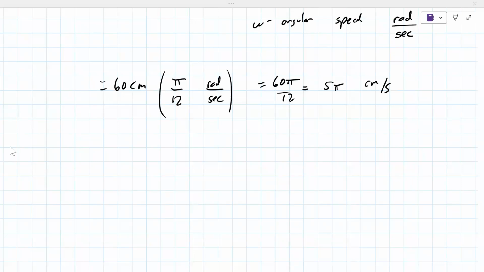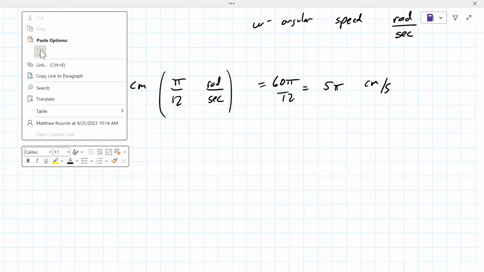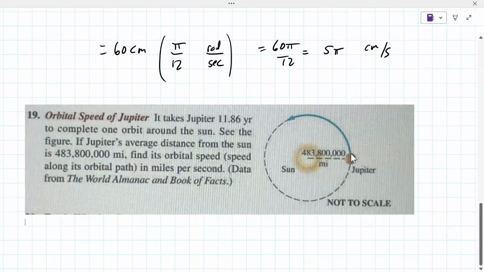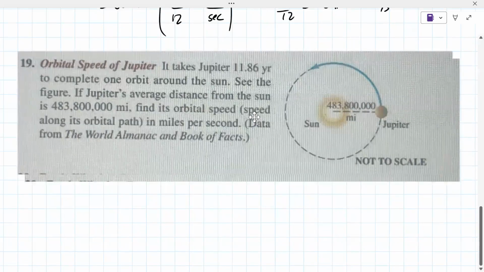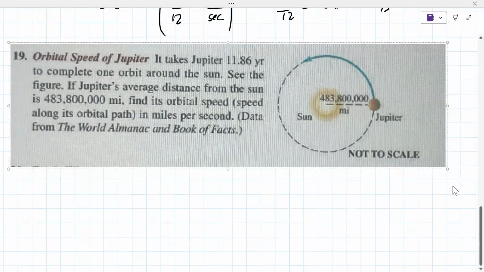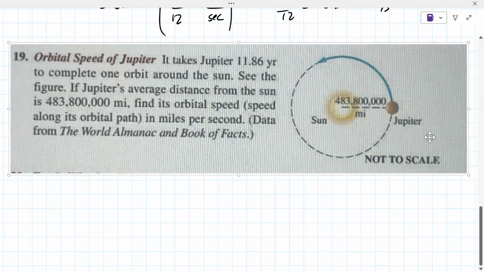Not to scale. Okay. Do you have any idea how big Jupiter is compared to the Earth, for example? I know it's a lot bigger, but... It's like a cat inside a house. It's really, really, really small.